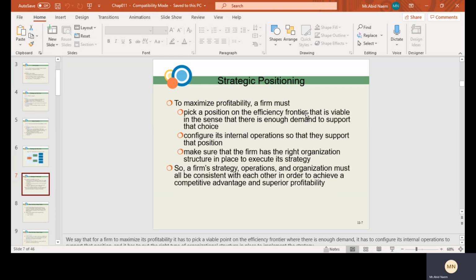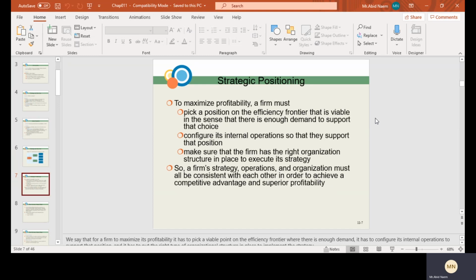To maximize profitability, a firm must pick a position on the efficiency frontier that is viable in the sense that there is enough demand to support that choice. Now if you recall the basic concept of management, management is the combination of efficiency and effectiveness, where efficiency is the minimum usage of resources to produce maximum output, and effectiveness is when and where you have to meet the deadlines.